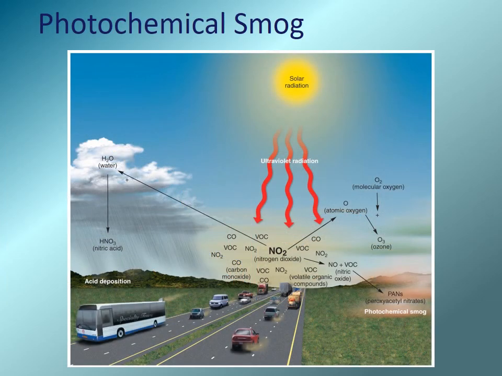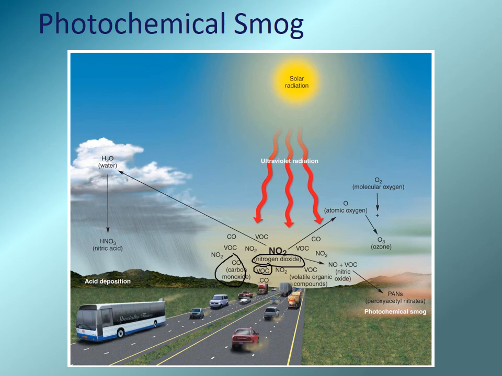One common thing that we see in the summer, and LA is known for this, is smog. But more specifically, we see photochemical smog. So as we have cars and industry outputting a lot of carbon monoxide, volatile organic compounds, nitrogen dioxide, that sits there in a bowl.